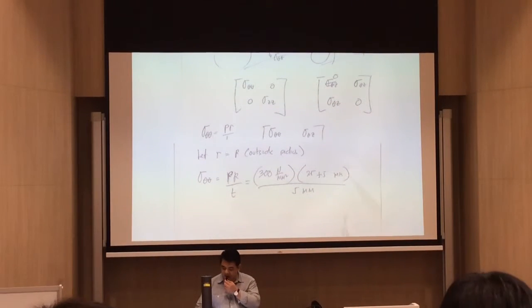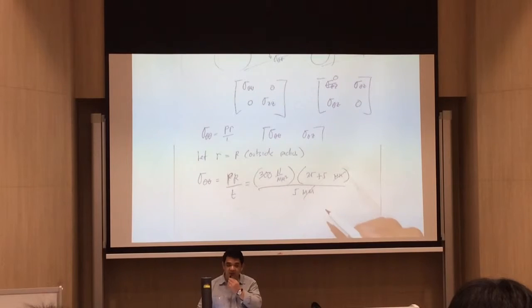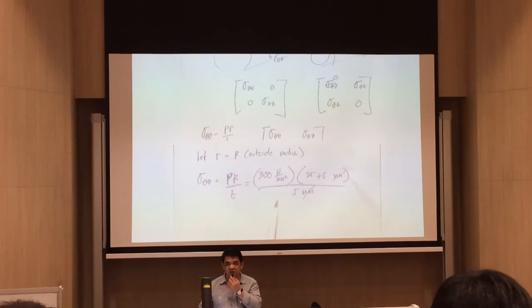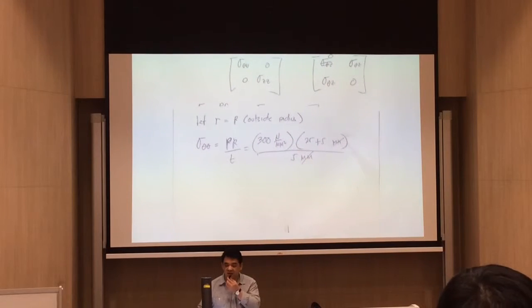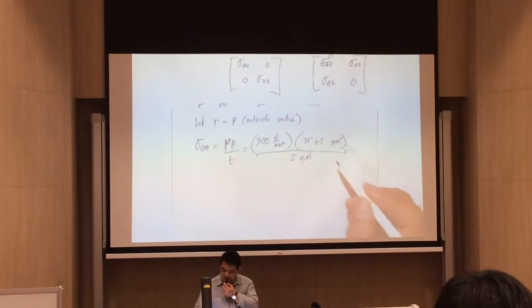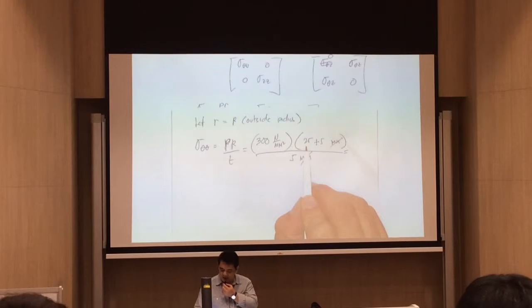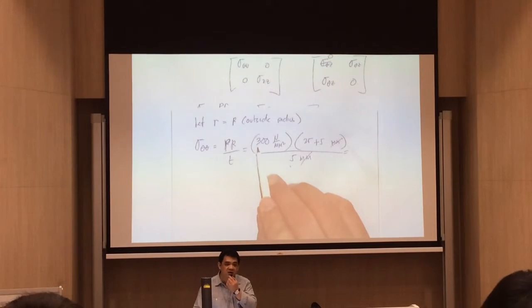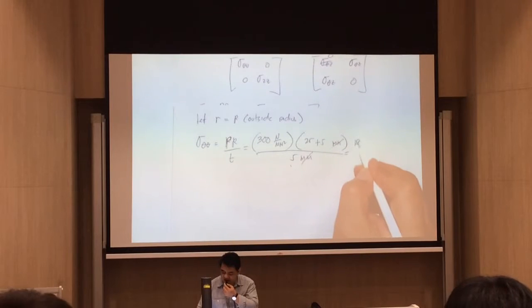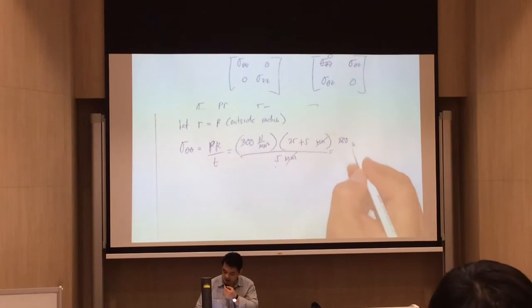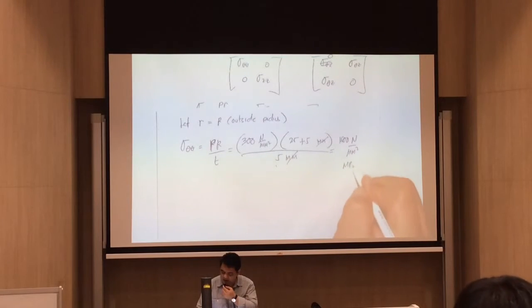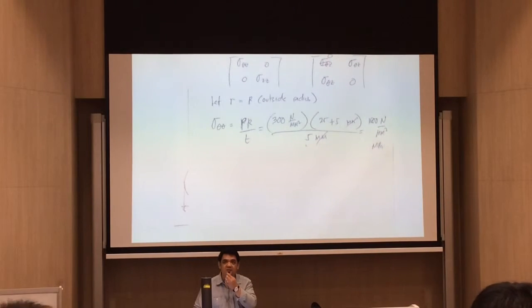If you try to look at this one here, this one will simply cancel out the millimeters, so you're still left with Newton per millimeter squared or still megapascal. So what's your value here? 30 divided by 5, that's 6. 6 times 300 is 1,800 Newton per millimeter squared, or megapascal.